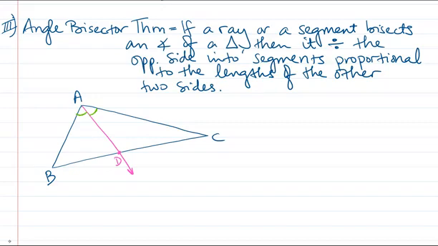So what does this mean? It means that the ratio of the length of BD to the length of DC is equal to the ratio of AB to the length of AC. Okay, so let me highlight this.